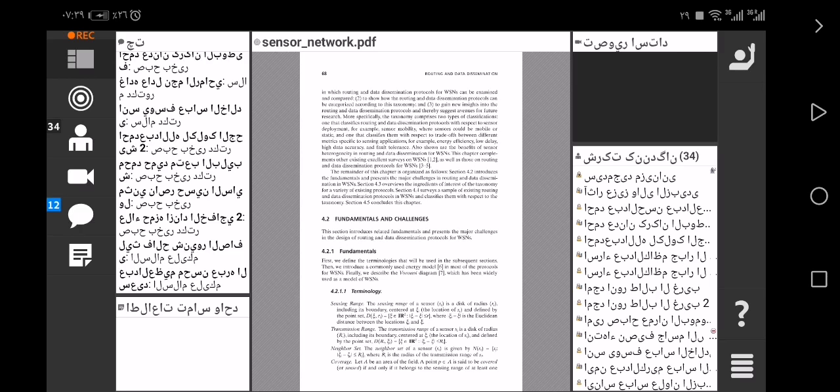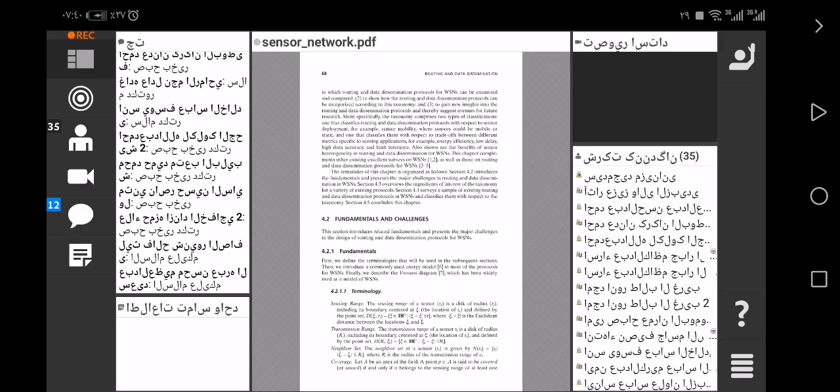Terminology. Sensing range. The sensing range is like a disk, including its boundary, centered at zeta i, the location of the sensor Si, and defined by an area disk with center zeta i and radius ri, is a set of points that are located inside, absolute value zeta i minus zeta less than r, where absolute value zeta i minus zeta is the Euclidean distance between the locations zeta i and zeta.